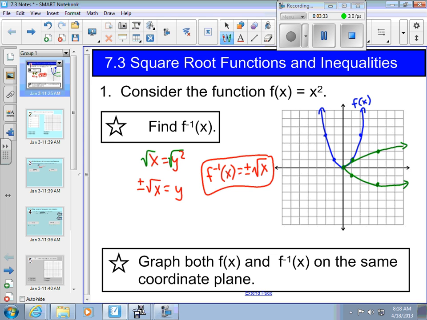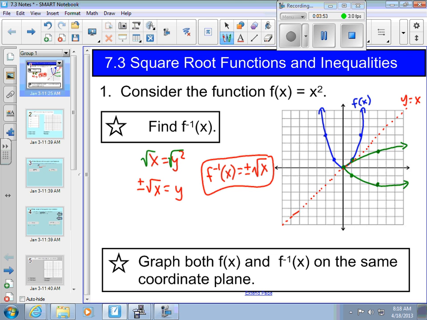is also a parabola shape that's just opening to the right instead of up. Notice that these two are inverses of each other, and we said inverses are always, if you graph a function and its inverse, it's always going to be a reflection over the line y equals x.